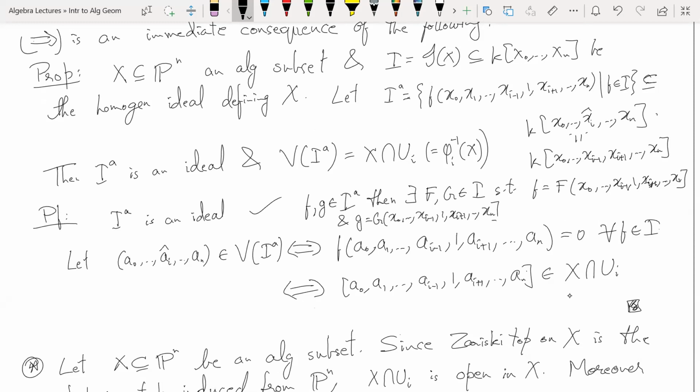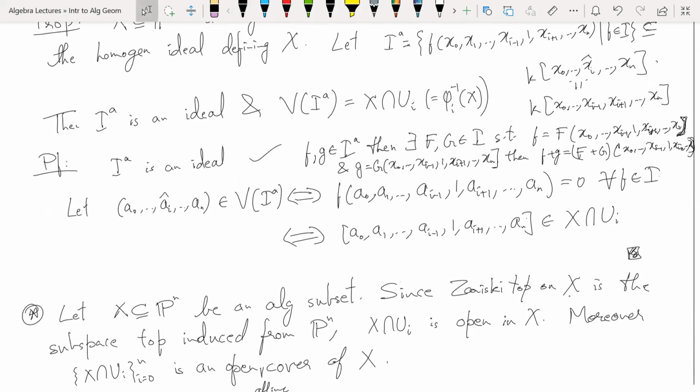Then of course F plus G, which again belongs to I, evaluated at x0 to xi-1, 1, xi+1 to xn gives f plus g. And similarly for scalar multiplication.